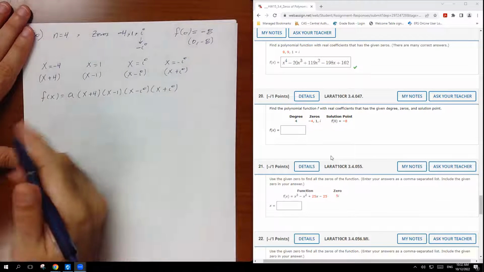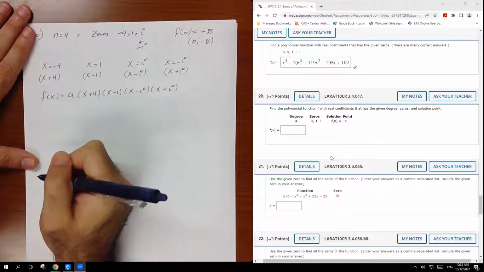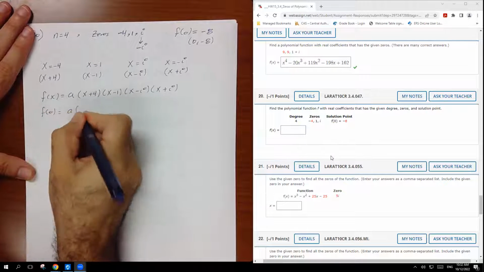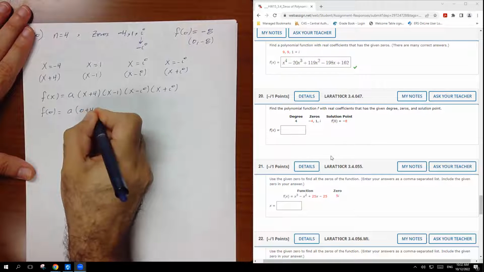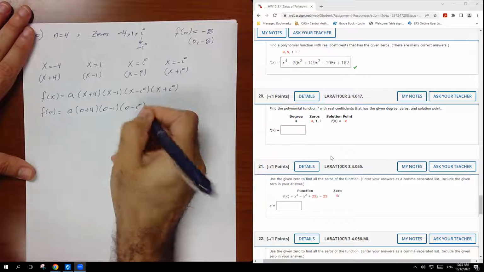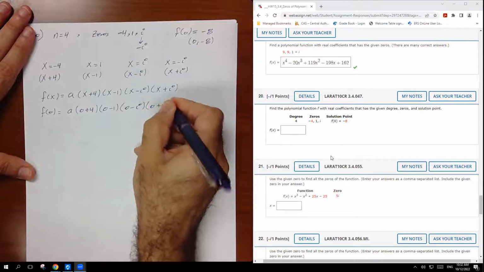So let's plug in this point to find the value of a. f of 0 equals a times (0 plus 4)(0 minus 1)(0 minus i)(0 plus i).